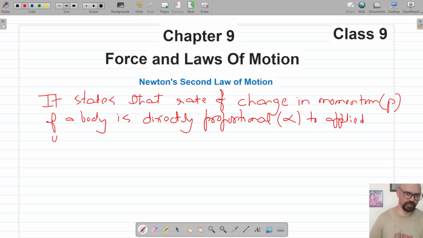The force should be unbalanced, or we can write it more specifically as unbalanced force. And it takes place in the direction of force. It's obvious.